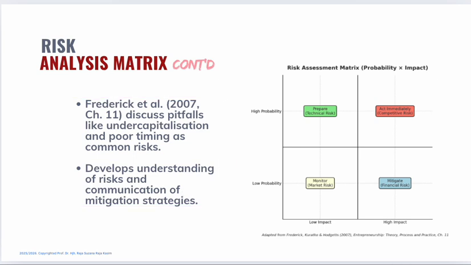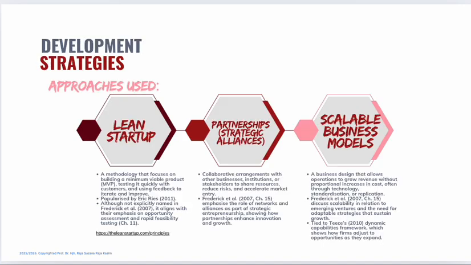So here you have to be careful, because if you undercapitalize, you may not have enough financial resources to sustain. And with poor timing, maybe you launch the product at the wrong moment. Being too early sometimes can mean customers are not ready, but being too late also means competitors may dominate. So you have to weigh all this and take a look. What can you anticipate, categorize, and manage strategically?